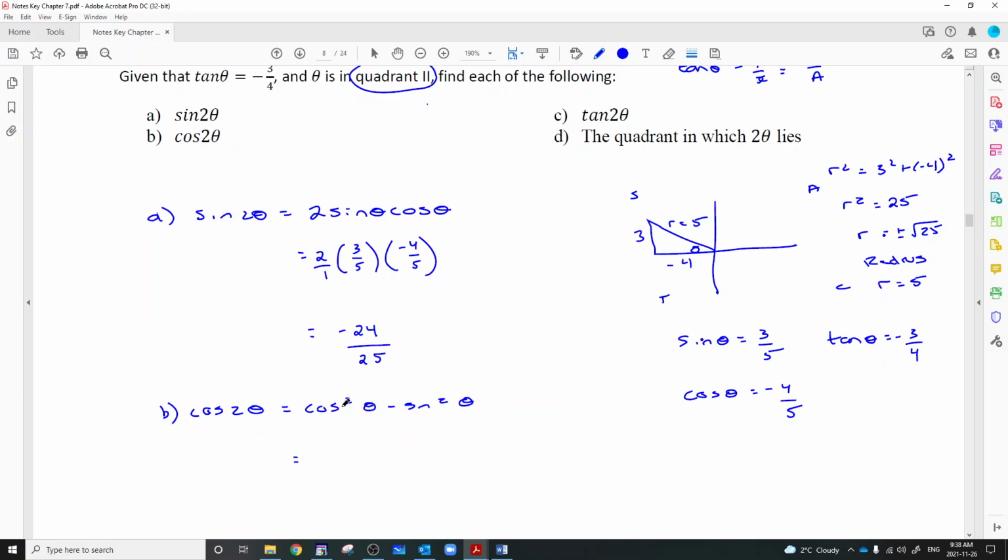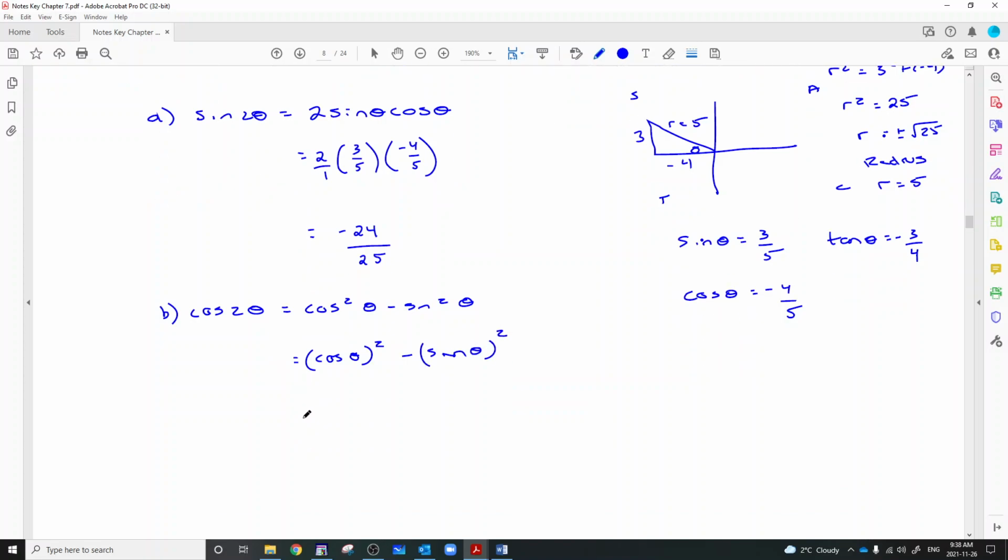Remember, anytime it's cos squared theta, it means that cos theta is being squared. So maybe it'll help if I write it. It's cos theta that's being squared minus the sine theta that's being squared. So I'm going to replace the cos theta with -4/5, and the sine theta with 3/5.